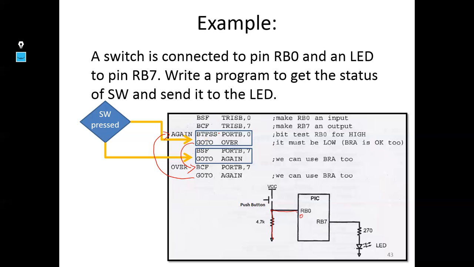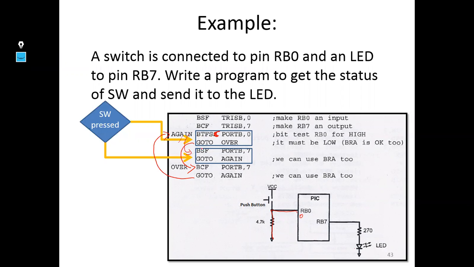Now, if you want to use bit test file skip if clear here, what do you have to change? We have to change the labels, or we can change bit set file with bit clear file. So here, bit test file skip if clear. If it is clear, we have a skip.